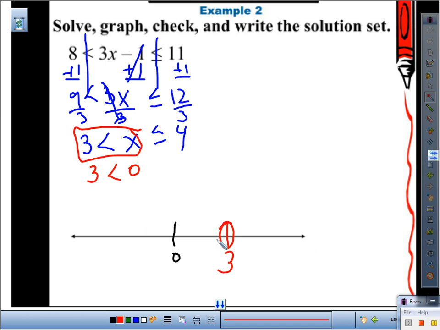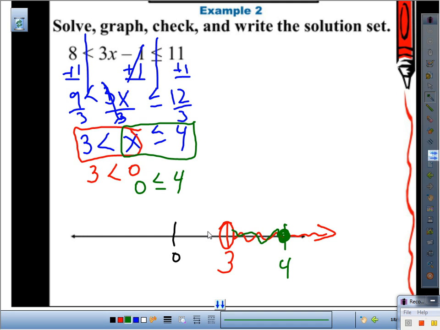No, so instead of going towards 0, I'm going to go to the opposite side. Now I'm going to graph this part. Positive 4, it's a closed point, there it is. And I'm going to test 0 also. Ramon, focus. Is 0 less than 4? Yes, so I'm going to shade towards 0.